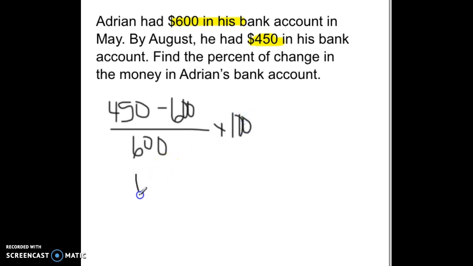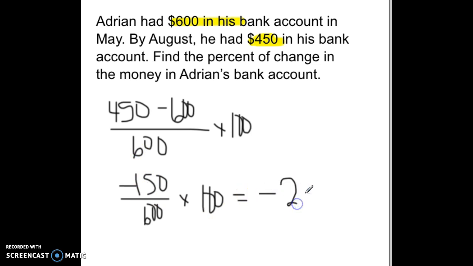So this should end up being negative 150 over 600, and whatever that comes out to be, we're going to multiply it by 100. And in this case, it should be about 25. So that means this answer will be negative 25% because it's a 25% decrease.